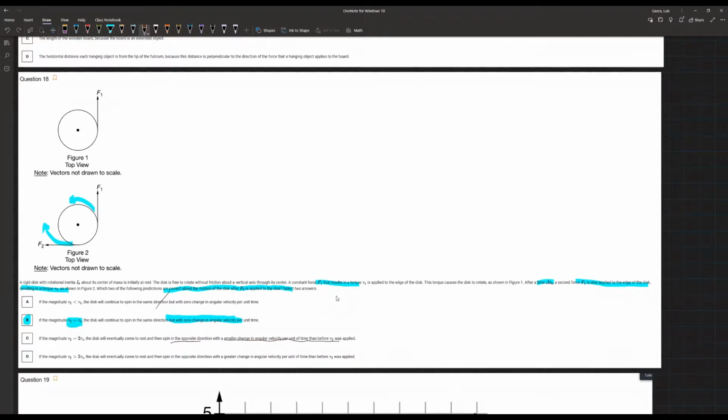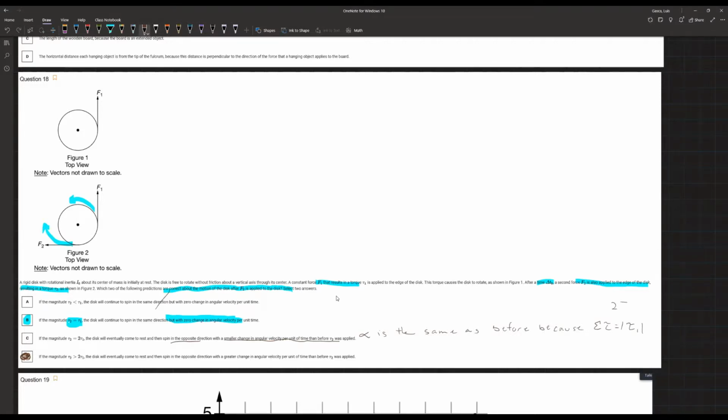Let's see here. If torque 2 is greater than twice torque 1, it'll eventually come to rest and spin in the opposite direction with a greater change. There we go. This is going to give us a bigger acceleration. Here, this one would be alpha is the same as before, because the net torque is still with a magnitude of tau 1.